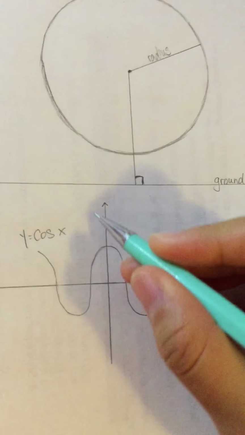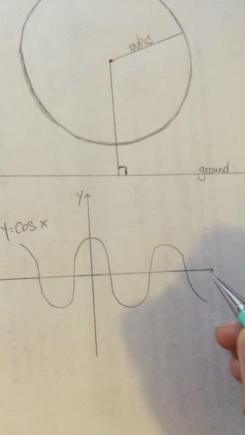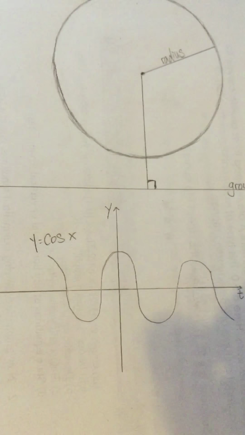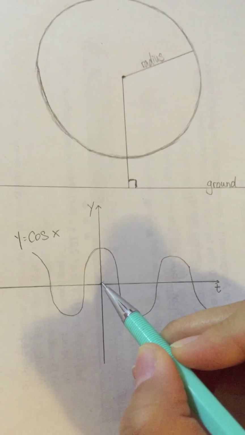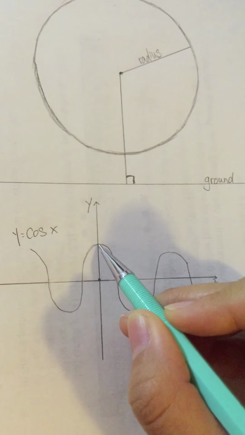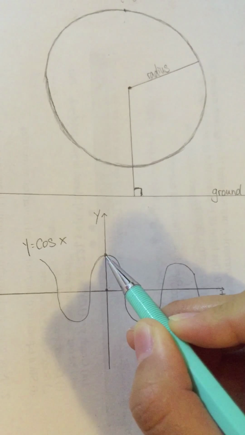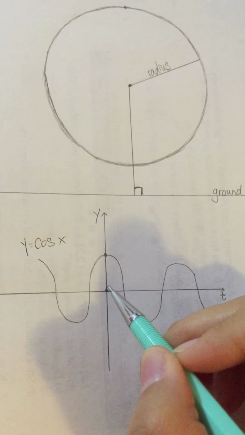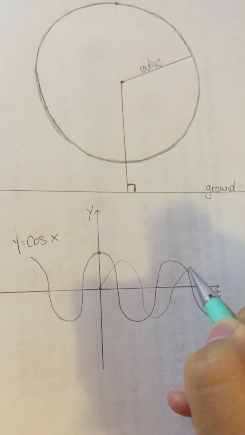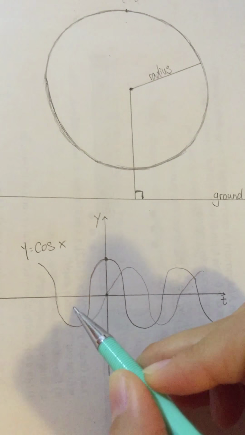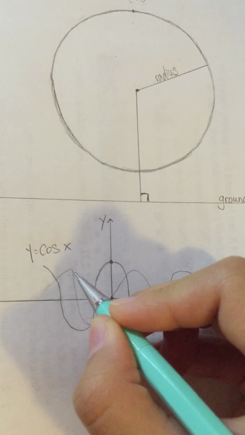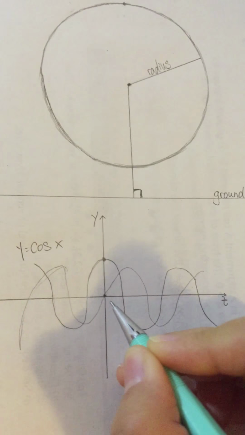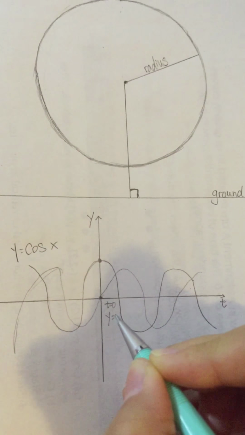So as we all know, if we look at the graph, when t equals 0, y is at its highest point. But if it's y equals sine x, it will start here, which is t equals 0, y equals 0.